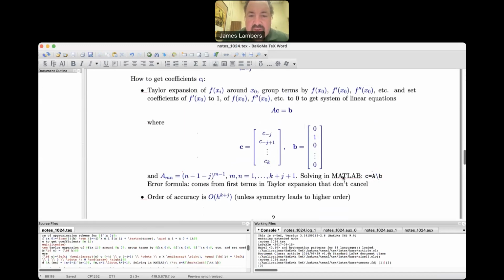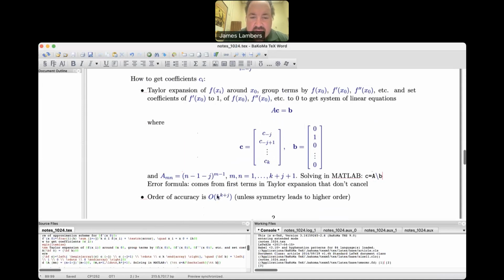Okay. Now, that's how you get the coefficients for your approximation. As far as the error formula, that comes from the first terms in your Taylor expansion that don't cancel. And I'll be able to show you a general formula for the error in a little bit. Now, the order of accuracy is the power of h.